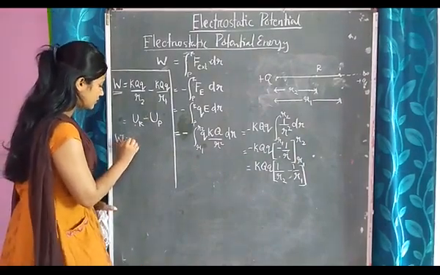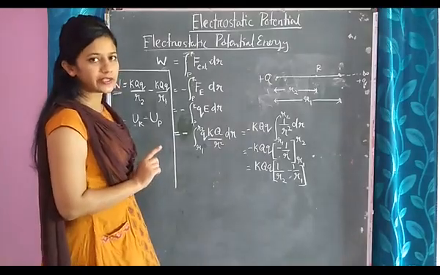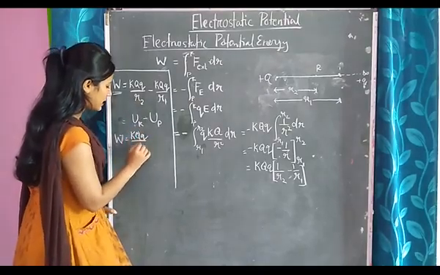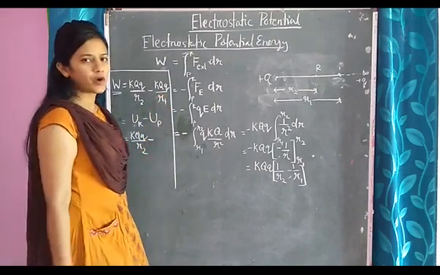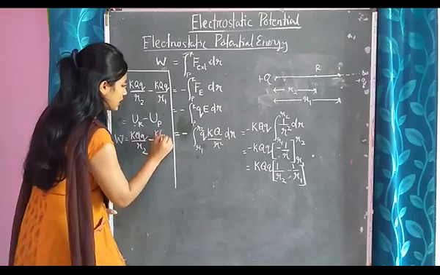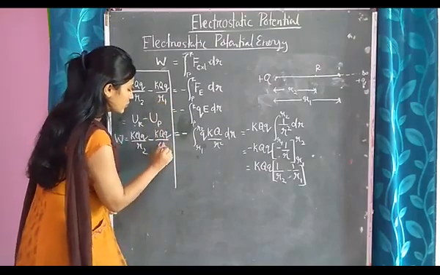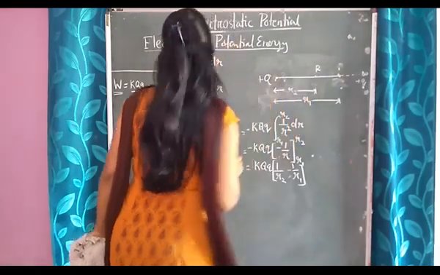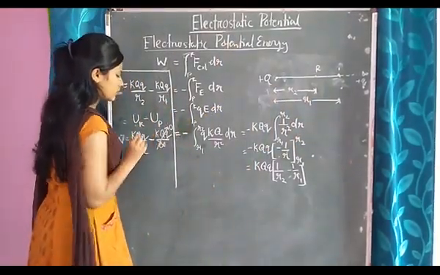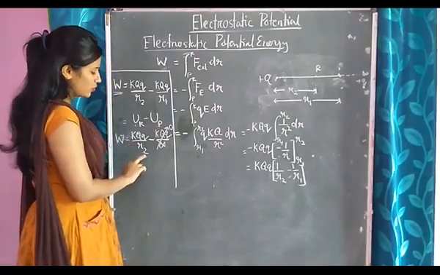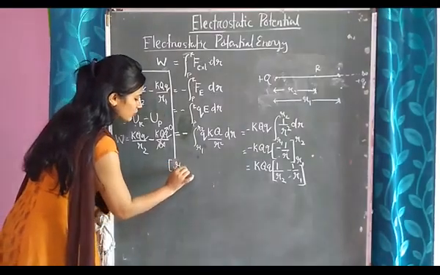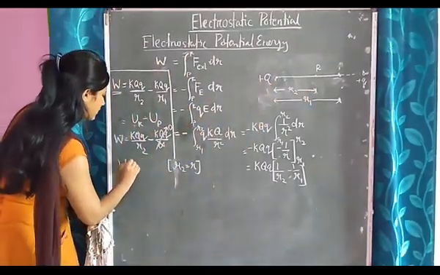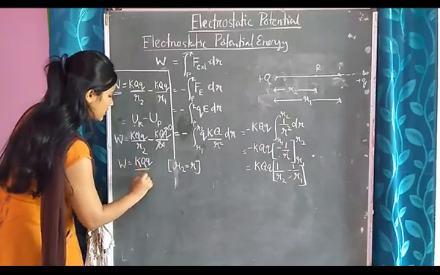So I can write again that in order to define electrostatic potential energy at a point, W is equal to KQQ by R2 minus, in place of R1 I will write infinity, because now we want to bring the charge particle from infinity to point R. So these terms become 0, and in place of R2 let us write R. That means the distance from here to here.